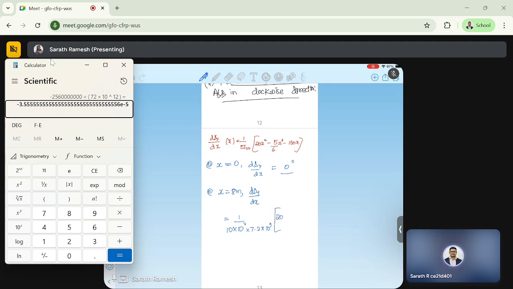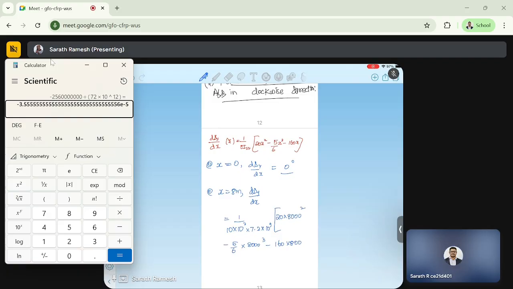Let me substitute the value of x directly in mm. That's why in the previous subdivision the value was very small. Here it goes x square and x cube, but we had only done 10 power 3. So that was a mistake. 8,000 square minus 5 by 6, 8,000 cube minus 160 into 8,000.